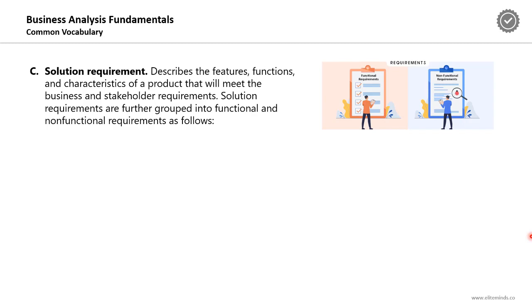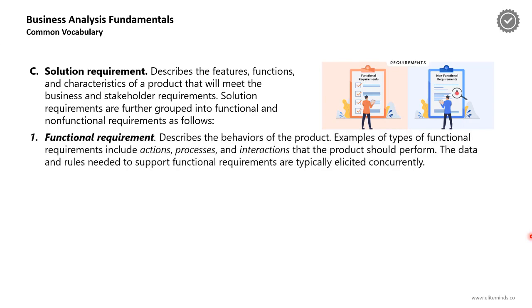A functional requirement describes the behaviors of the product. Examples of types of functional requirements include actions, processes, and interactions that the product should perform. So functional requirements exactly describe the behaviors of the product. The data and rules needed to support functional requirements are typically elicited concurrently.